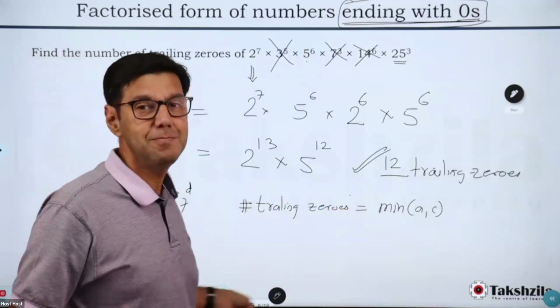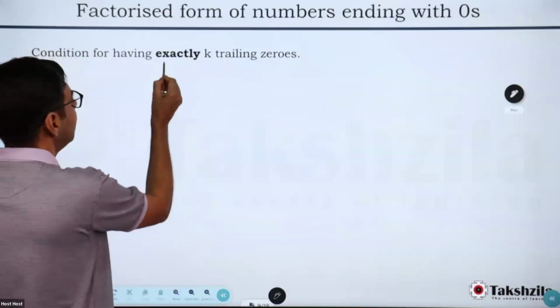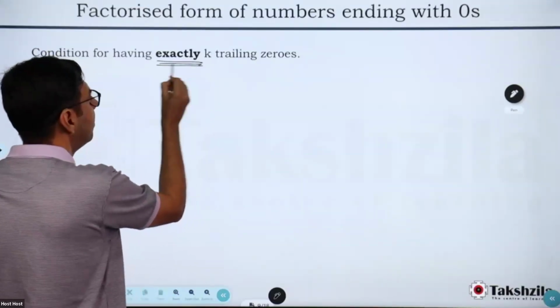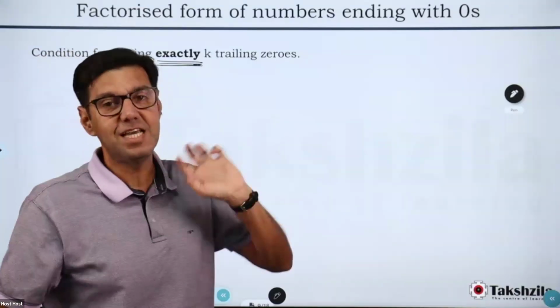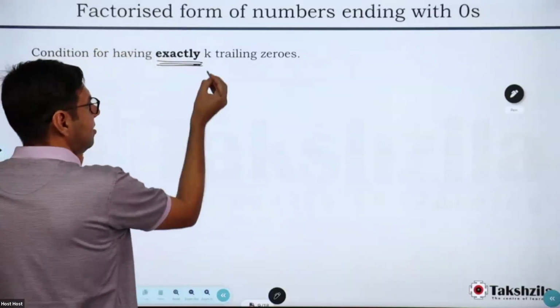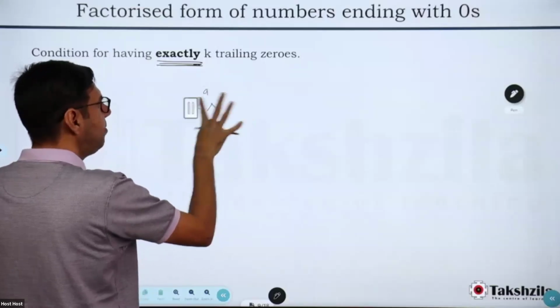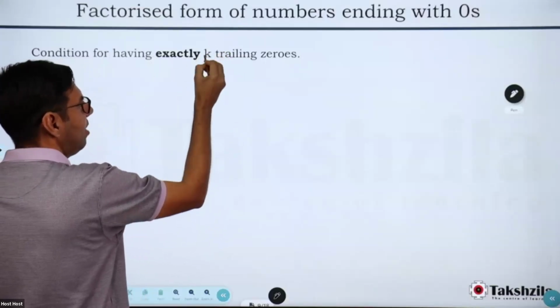Now this can be made into a little trickier thing. The trickier question is, when will a number have exactly k zeros? So pay attention. Let me give you a value for k.